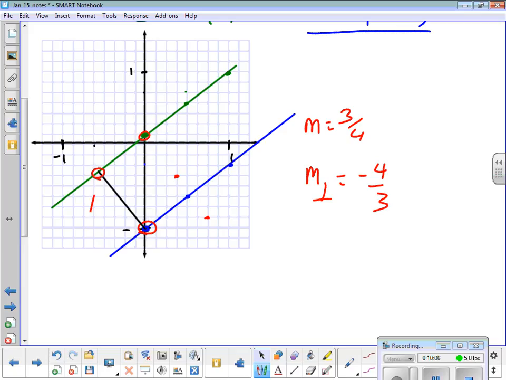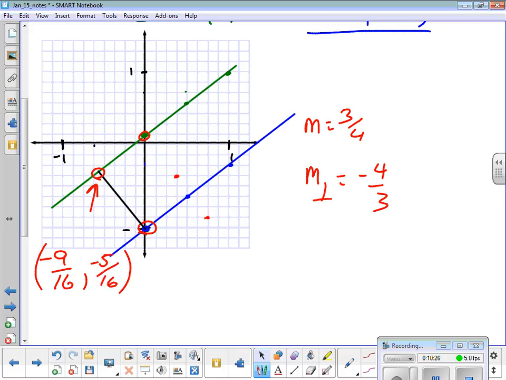So that point there looks like it's a negative 9/16, and it was between 2 and 3 going down. So that's negative 5/16.